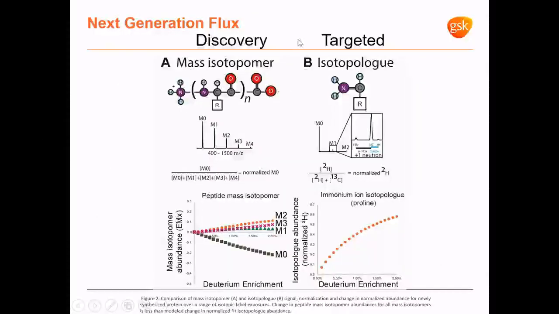Now, to the really exciting part, as I see it, of this talk today. A more traditional approach to metabolic labeling with deuterium oxide would be a discovery kind of experiment where we look at peptide level data and the shift in mass isotopomers. More recently, we've developed a technique where we have created targeted assays, where instead of a peptide level signal, we measure the stable isotope incorporation into individual amino acids within a peptide, in an MS2 experiment.